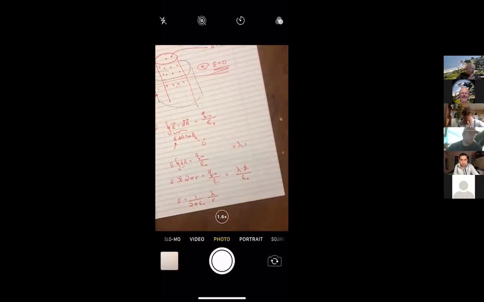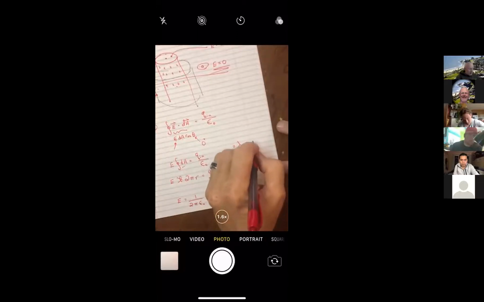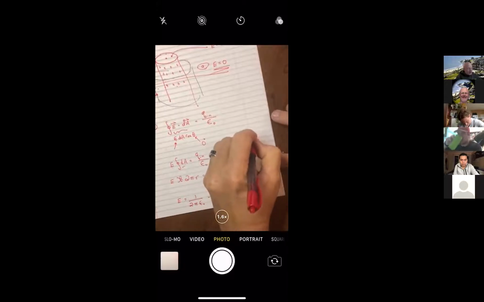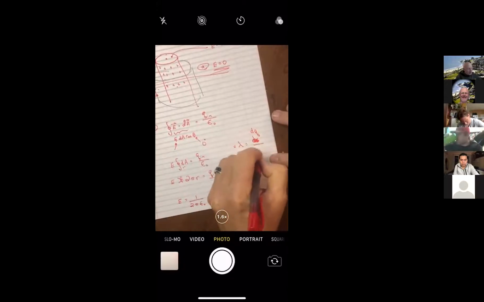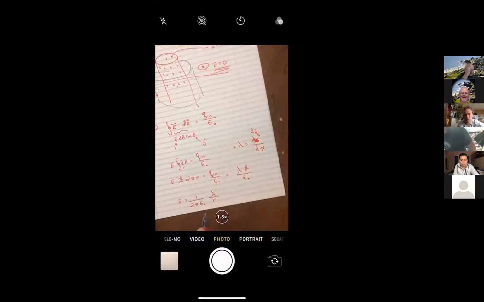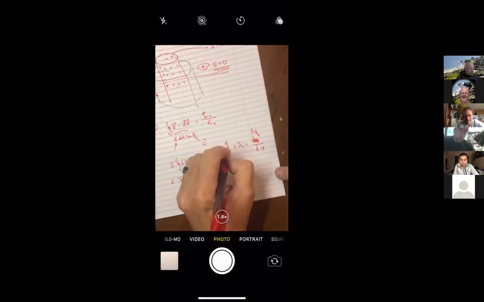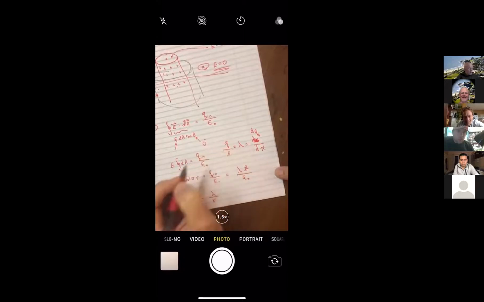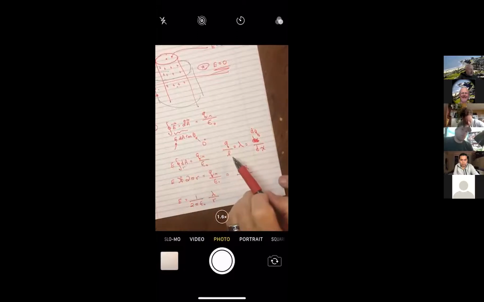You could think of it as a small amount of charge over a small amount of length, but you could also think of it as the whole charge over the whole length. And now if you move that L next to the lambda, lambda times L is the charge. Okay, that makes more sense.